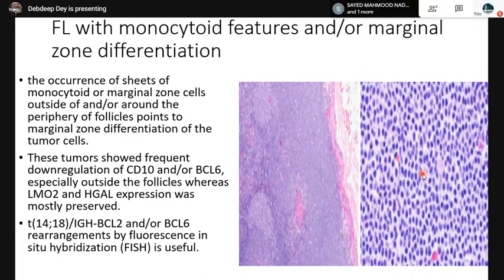This would be positive for CD20 and BCL2, which is also seen in marginal zone lymphoma, but this can be negative for CD10 and BCL6, and therefore here the role of LMO2 or HGAL comes into the picture. T(14;18) and BCL6 rearrangements by FISH is very useful in proving that this is a follicular lymphoma.